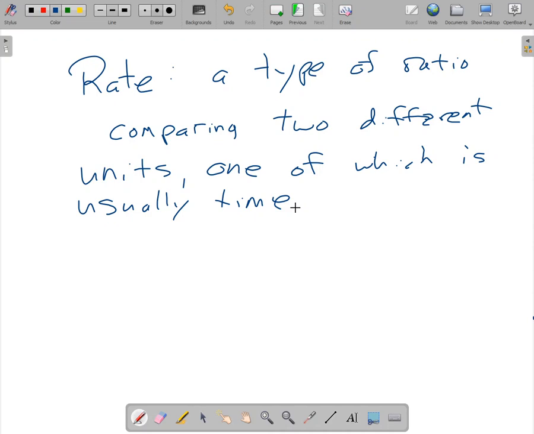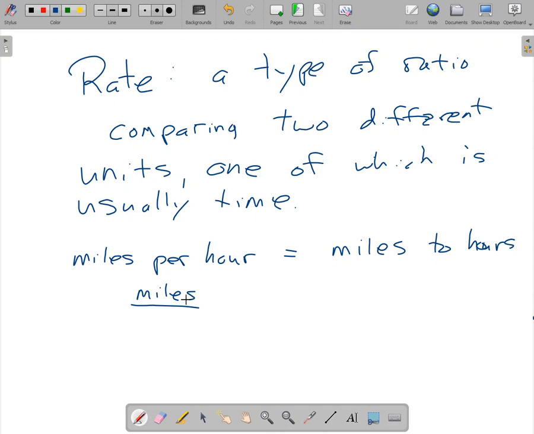So types of rates that we work with are miles per hour, which is just a ratio of some number of miles to some number of hours. So we can use different words instead of to, sometimes the word per. Anyone remember what per usually means in math language? It just usually means divide. So in this case, per is literally miles divided by hours.